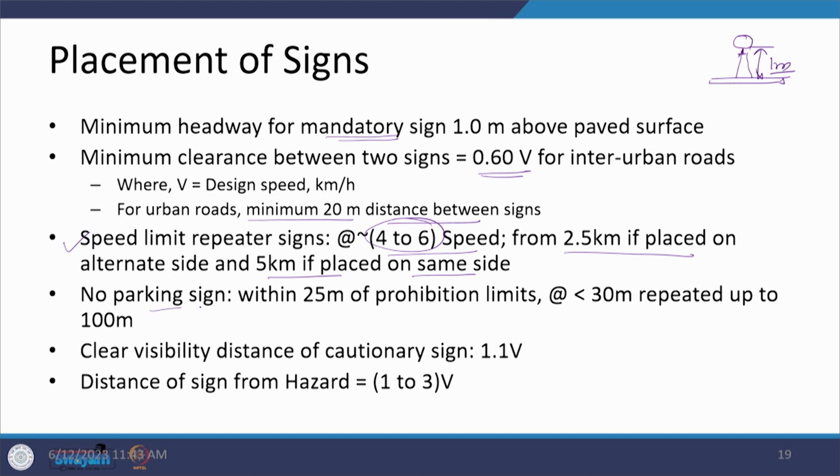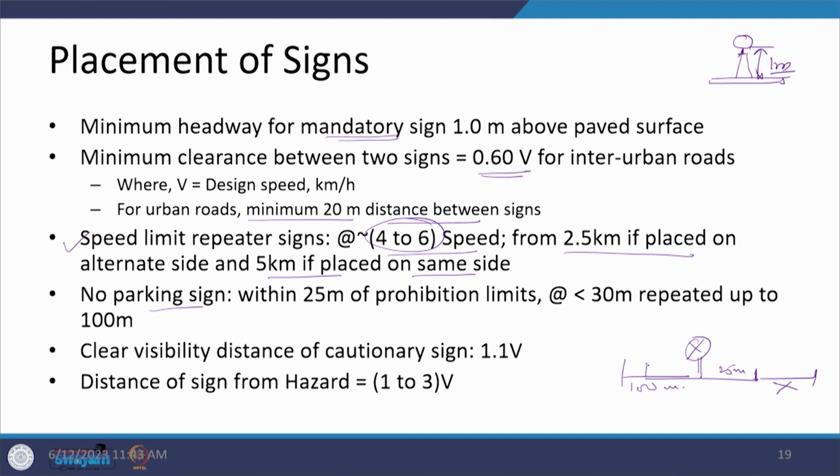Another one is a no parking sign. This is a location where the no parking sign is being provided, and at this particular location, when you say that a person cannot stand or cannot park, then this sign should be within 25 meters of the location where the no parking is going to be exercised, and then up to 100 meter distance, this can be repeated at a distance not more than 30 meters.